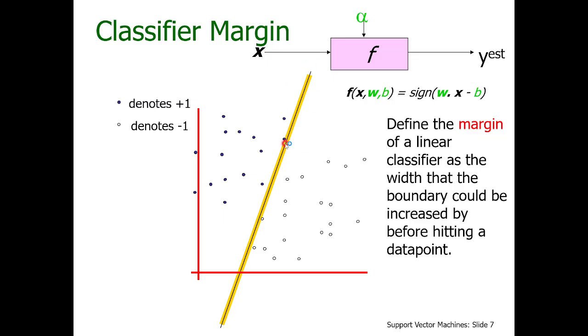This is one of the +1 samples and this is one of the -1 samples nearest to your best fit line, and based on that you draw the margin. These points are called support vectors. They are supporting your margin.